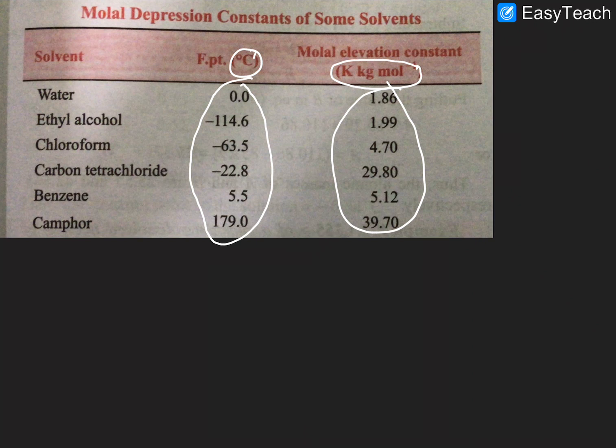The molal depression constant is 1.86. So this is the Kb value, and this is the Kf value, right? In the problem itself they will give these values. I hope it is clear.